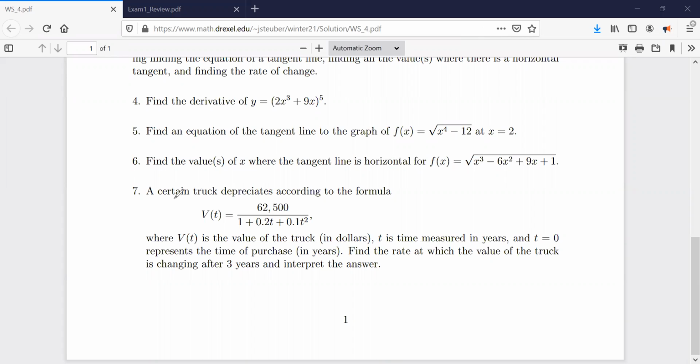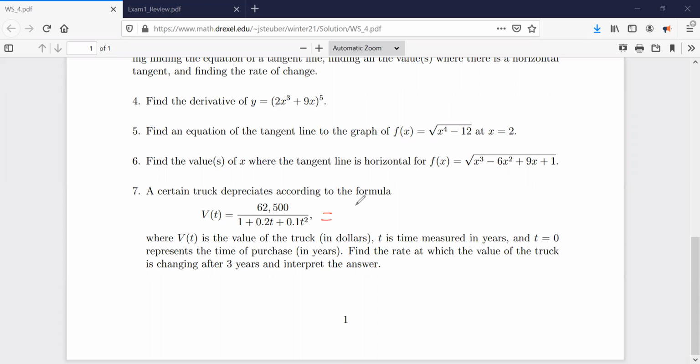So this is basically a quotient rule. One thing to keep in mind is if you don't want to do a quotient rule, you never have to do a quotient rule. You can always bring up the bottom.